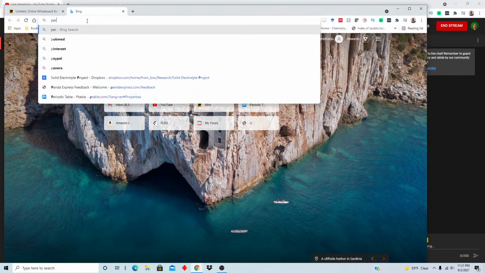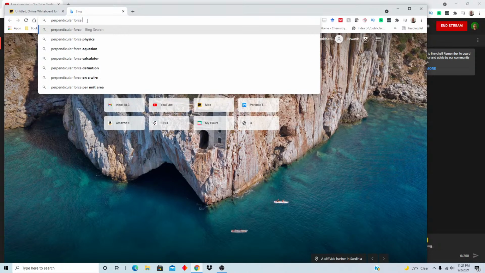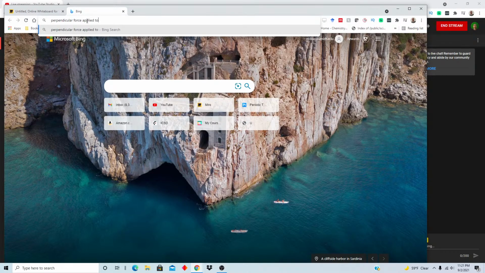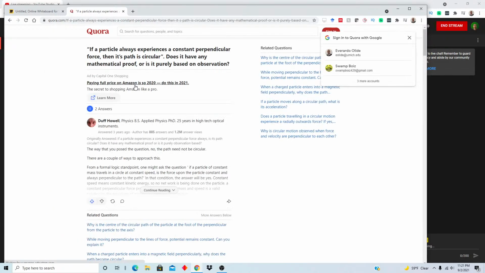Okay. Yep, if a particle experiences a constant perpendicular force, then its path is circular. Oh.